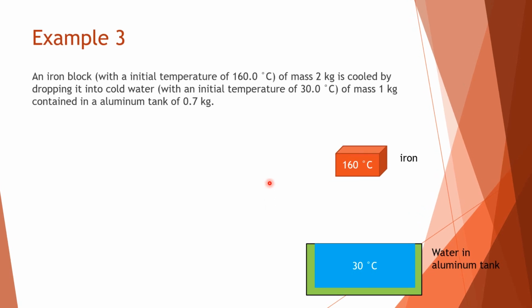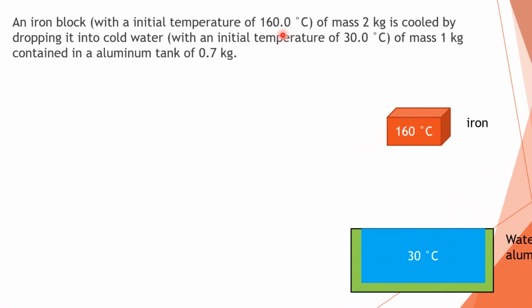Using this as an example, some crucial information: initial temperature and mass of iron, initial temperature and mass of water, and the aluminium tank of 0.7. For this aluminium tank, the temperature of the aluminium is assumed to be 30 degrees Celsius, the same as the water.